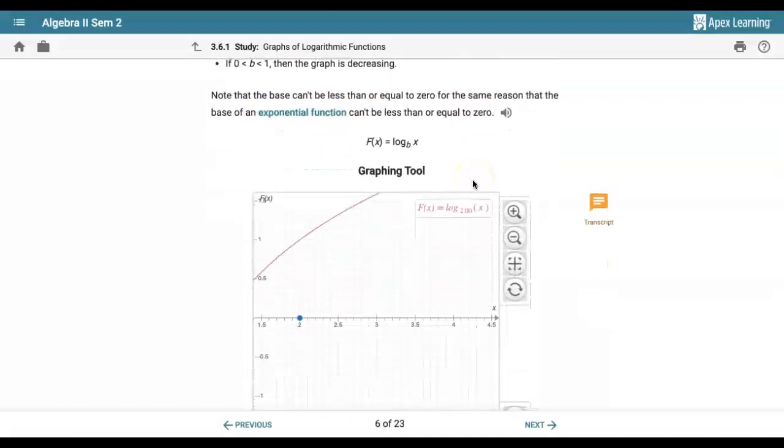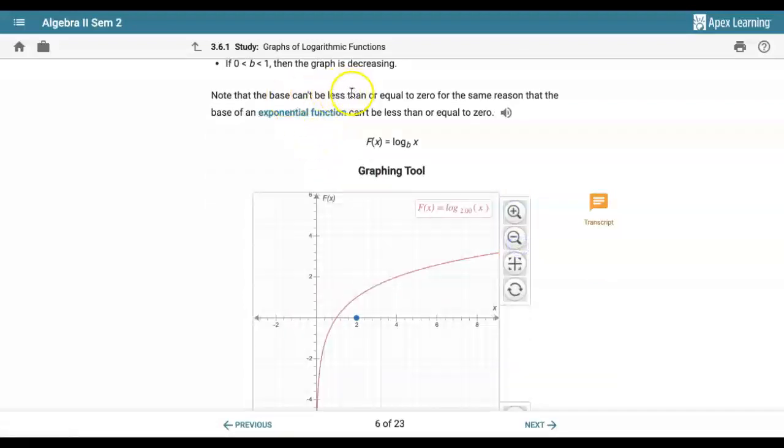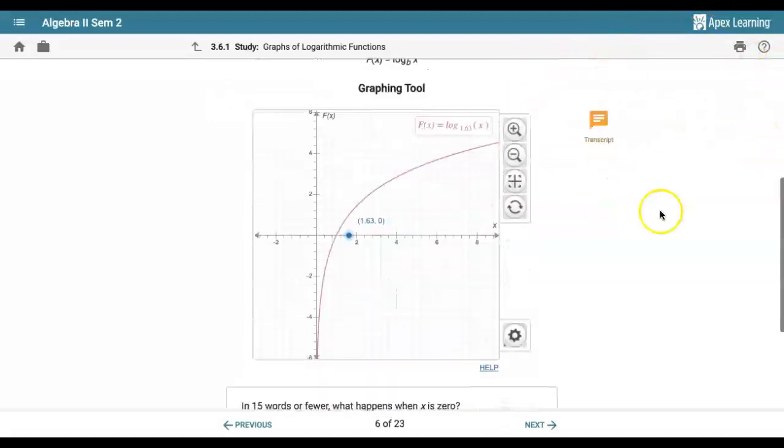And notice it says right here, note that the base can't be less than or equal to 0 for the same reason. It won't even let us, because it's the same reason our exponential function can't have a base less than or equal to 0. We have issues with negative inputs or outputs, depending on if we're looking at our exponential or logarithmic.